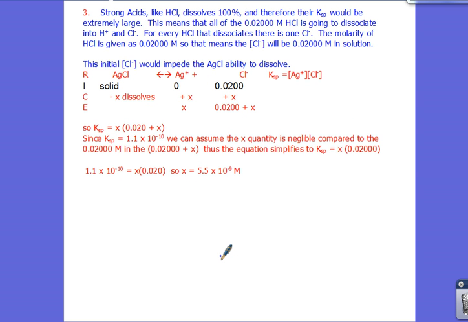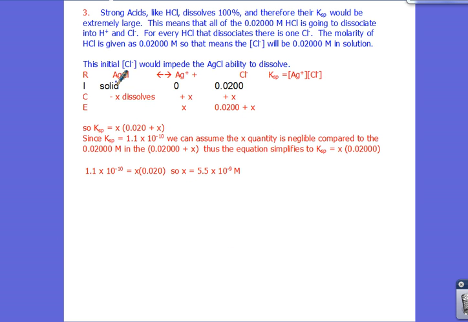Number 3. Silver chloride is added to 0.02 molar hydrochloric acid. Its solubility will be decreased because there is an ion in common with the two compounds. Determine the concentration of silver chloride in a solution if the KSP of silver chloride is 1.1 times 10 to the minus 10th. So this is a different scenario.